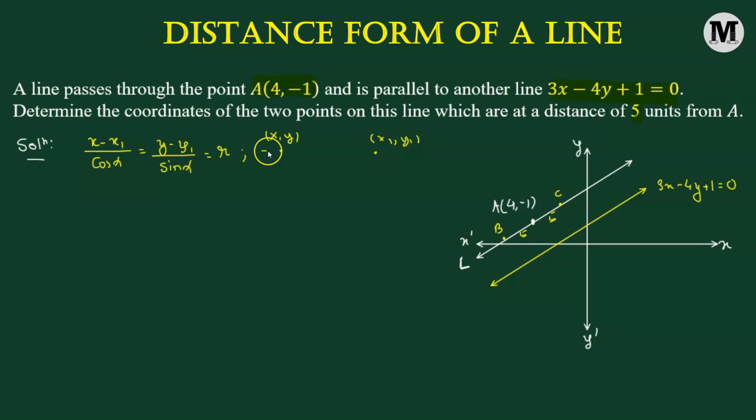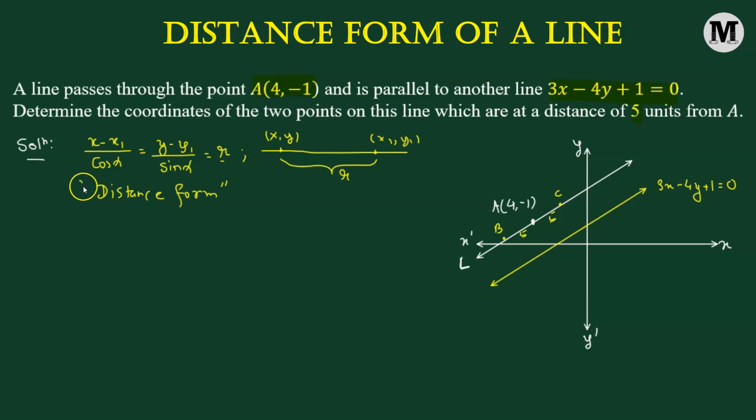A straight line passes through these 2 points, and the distance between these 2 points is denoted by r. Alpha is the angle that this line makes with the positive direction of x. What we get here is referred to as the distance form of a line.